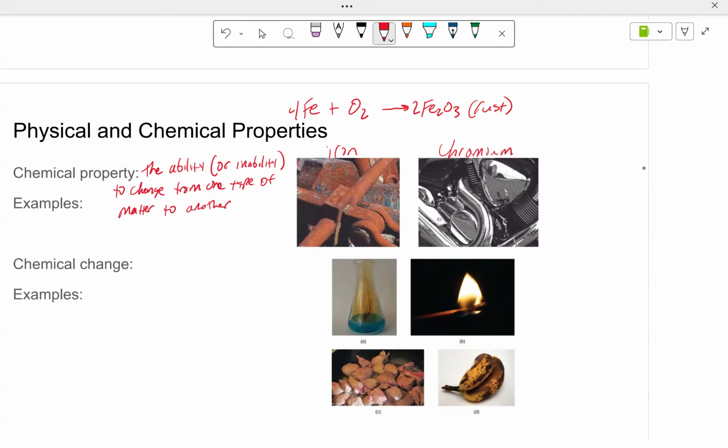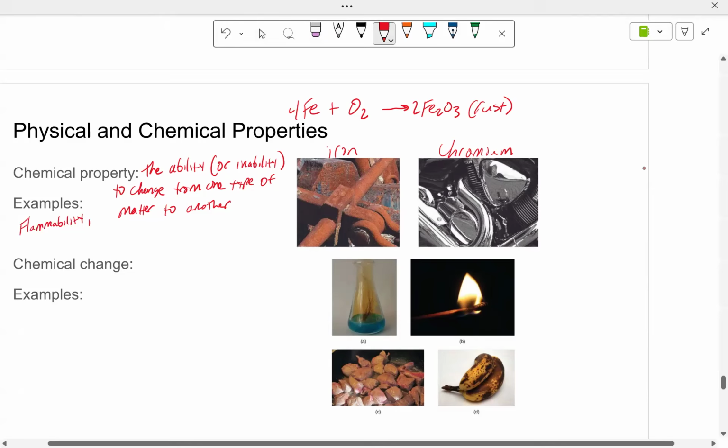Some other examples are like flammability. Certain substances burn very well, and others are very resistant to being ignited. Or toxicity. Toxicity, a measure of how dangerous something is to the human system.